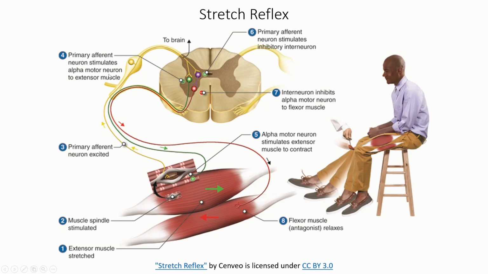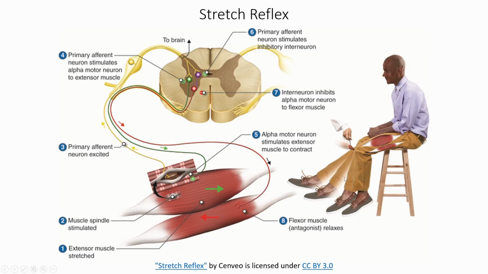That's going to excite neurons that are going to talk to the extensor muscle. We're also going to inhibit the flexor muscle. On the opposite end, we're going to inhibit that from contracting, so we can't contract both at the same time, while sending a signal to that extensor muscle to contract.